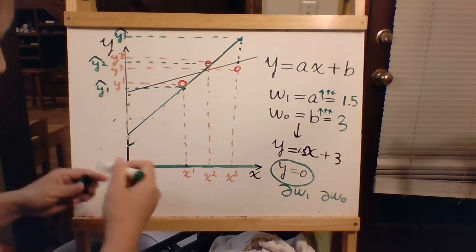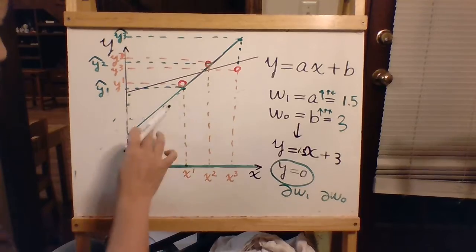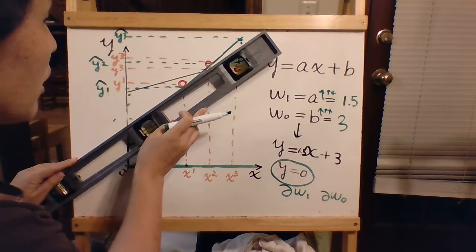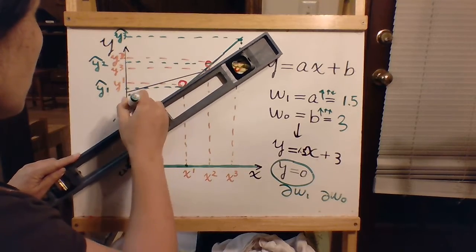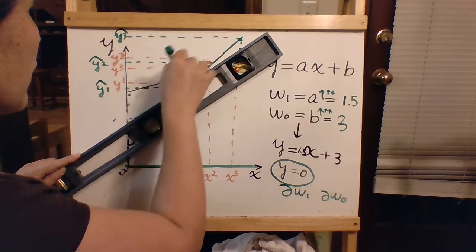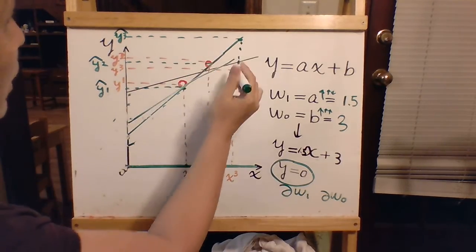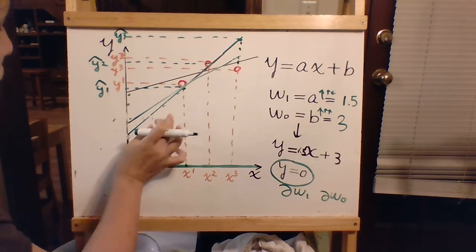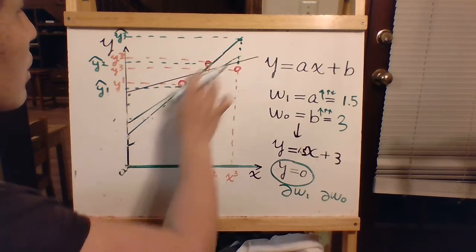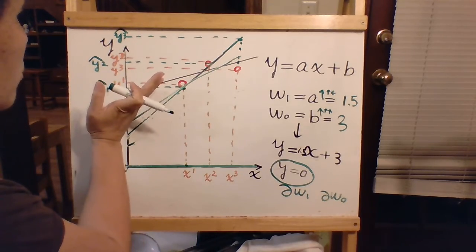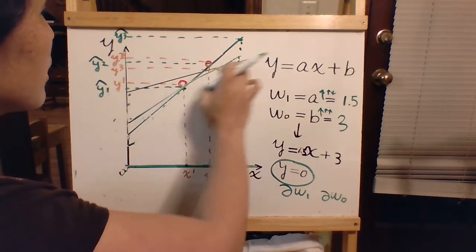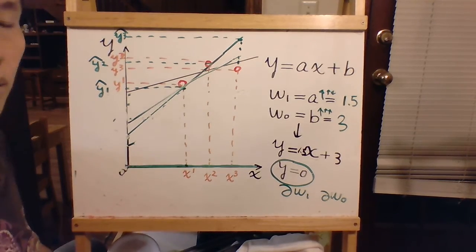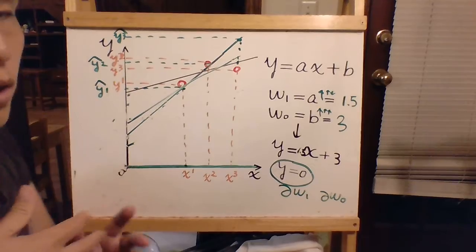You can see after each round, this prediction line is getting closer and closer to the perfect line. I don't want to continue doing that, but you can see how this line gets closer and closer to the ideal line. So this is the idea of how we want the machine to do the job for us.